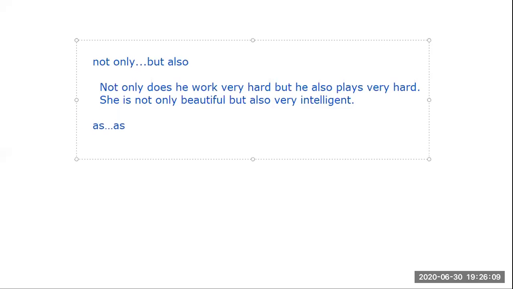And with as and as, you probably remember this from before. I'm not sure if it's in this particular unit or in the questions, but remember it's used when we compare two things. Remember when we use as something as, we use adjectives to compare two things.